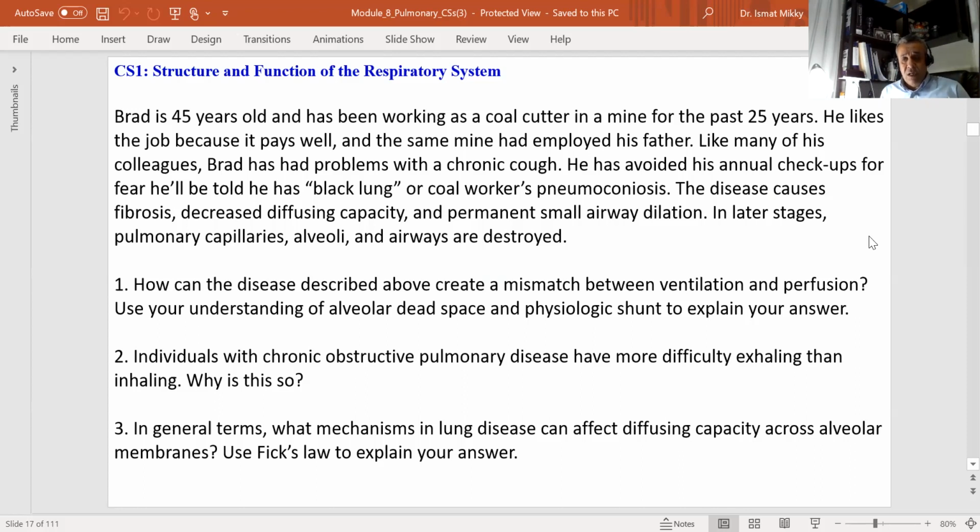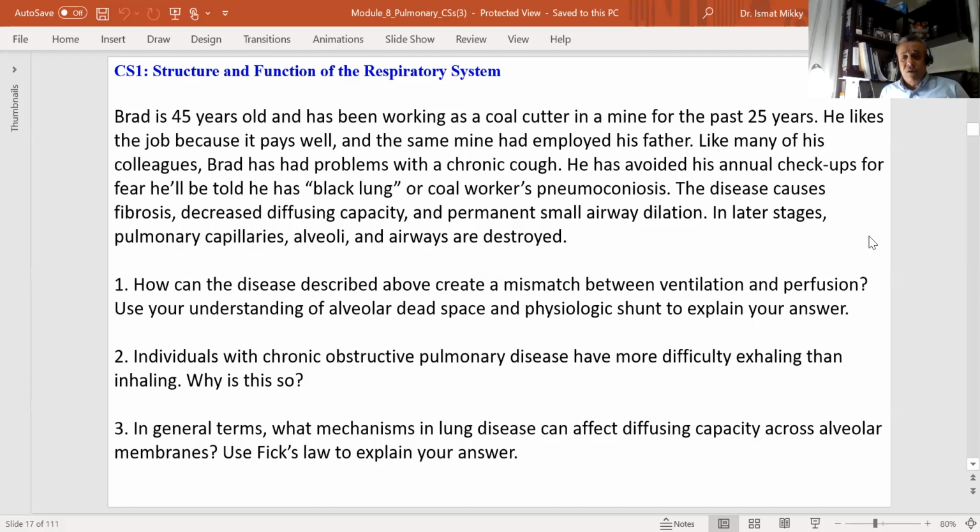During exhalation, the natural recoil of the lung tissue, which means elasticity, results in narrowing of the passages of the airway.